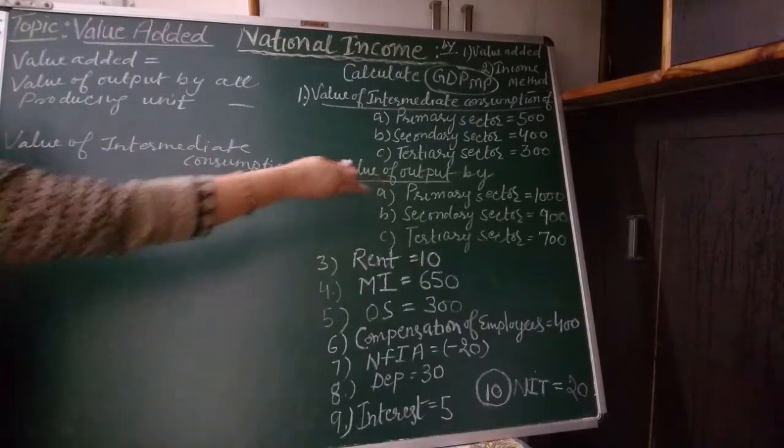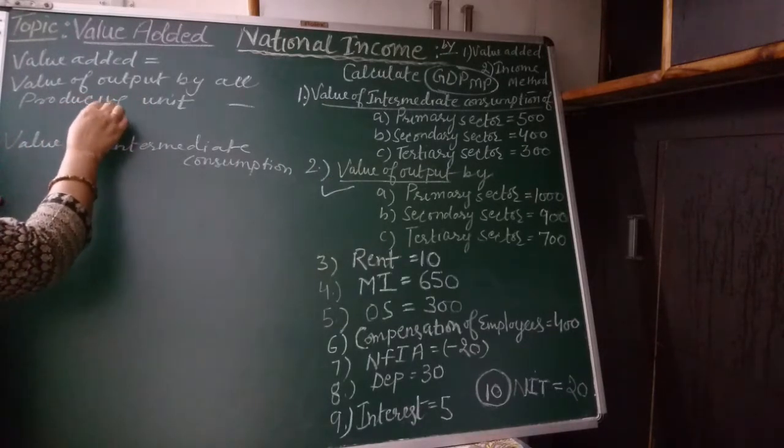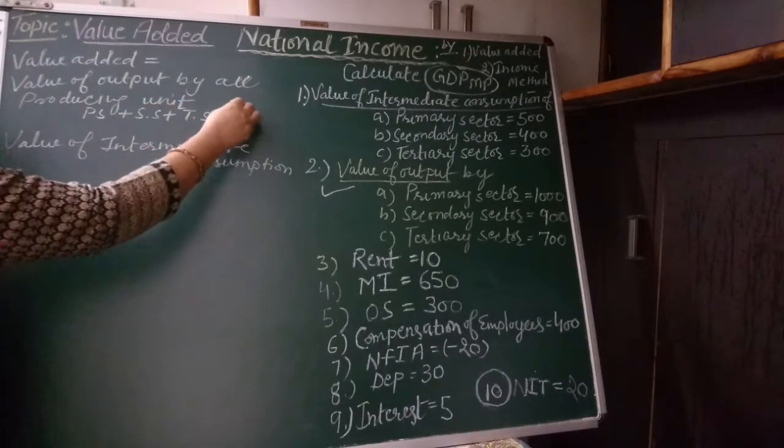Value of output is given by primary sector plus secondary sector plus tertiary sector.